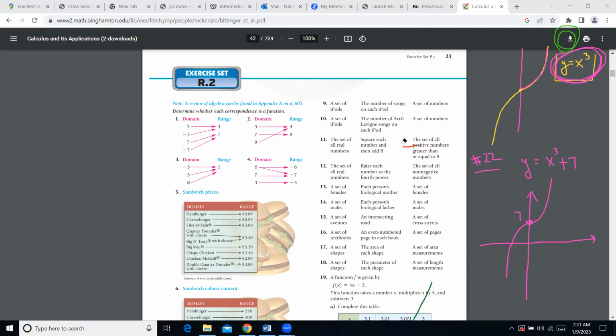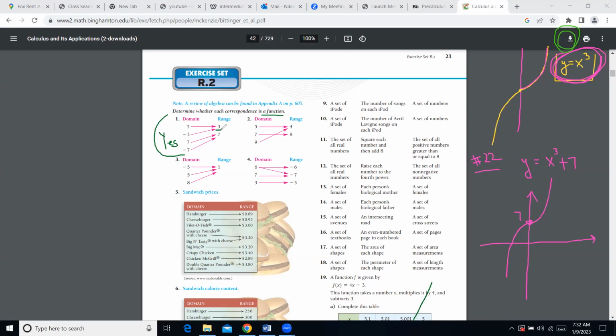I'm looking at exercise number 1, and I say to myself, each point is related to only one element in the range. So it is a function. We don't have 2 arrows coming out from the same exact element of the domain, even though they may end up at the same spot, but that's fine.